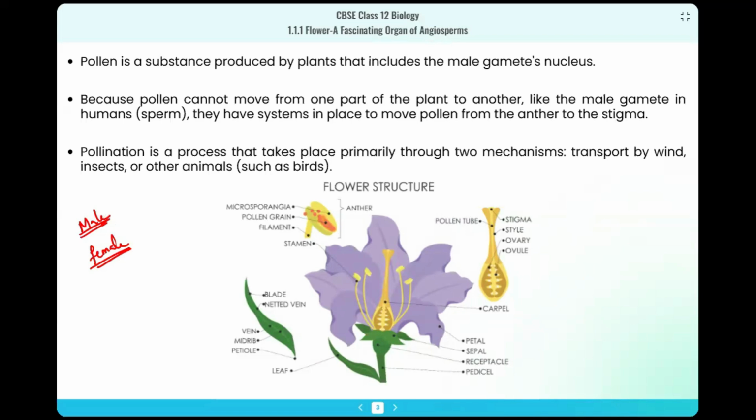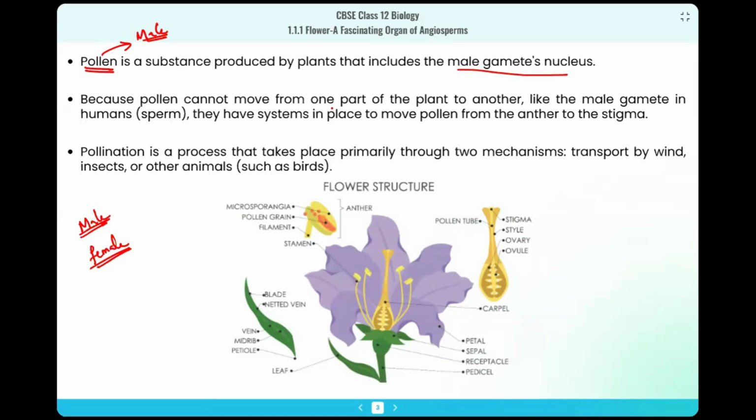Now, moving to the male reproductive organ and the male gametes. Pollen plays a fundamental role in the male reproductive organ, and pollen is a substance produced by the plant that includes the male gamete's nucleus. So pollen is related to the male gametes, and it will have the male gamete nucleus.